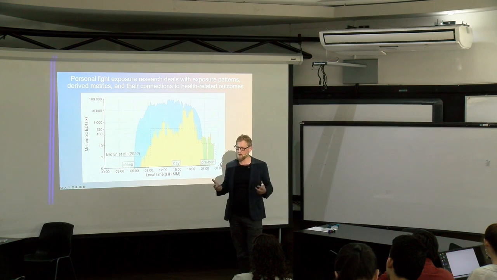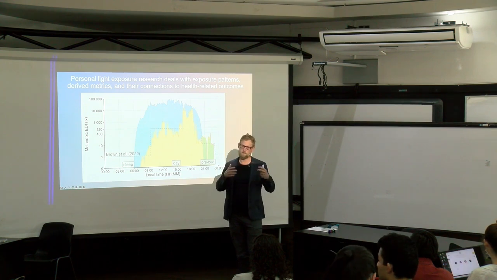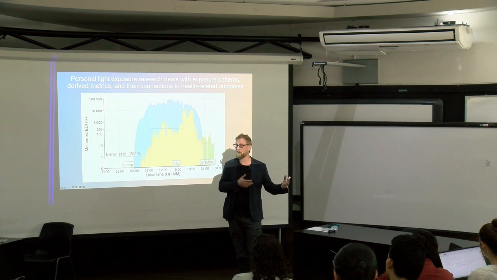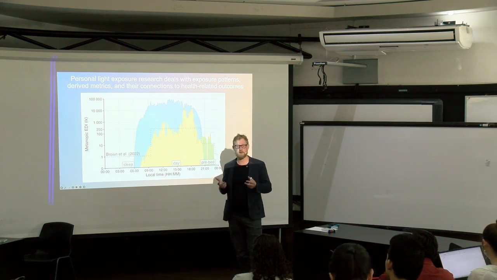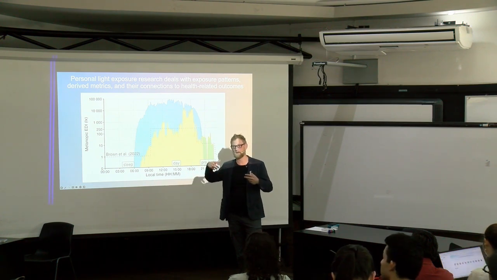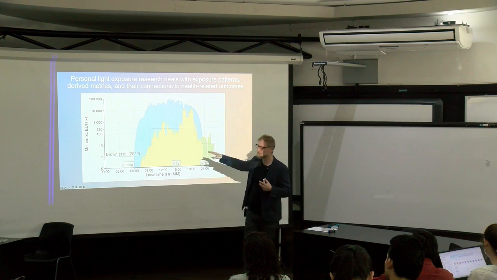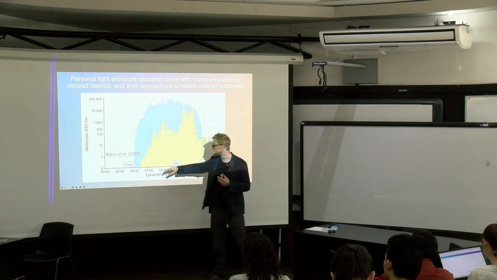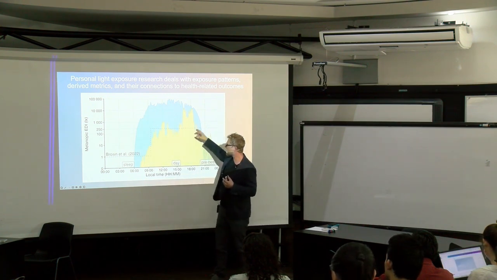It keeps us active and alert and can suppress hormone production in the night, so we want to avoid light at night so that we can sleep well. We want to maximize light exposure during the day so that we are active, and this promotes better sleep at night and long-term health. And so we are interested in capturing light exposure patterns in the real world under naturalistic conditions, and this might look something like this.